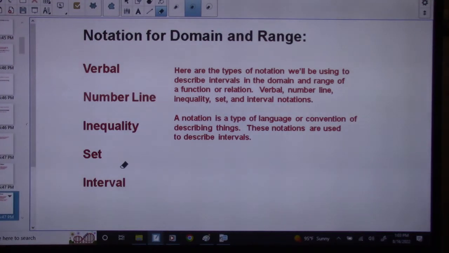Okay, now we get to notation. A notation is a type of language or convention of describing things. These notations are used to describe intervals. Does anybody here play football? Two gentlemen play football here, okay. Usually the coaching staff is going to have a play that's called, right?